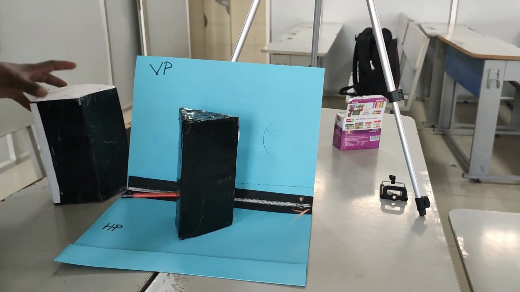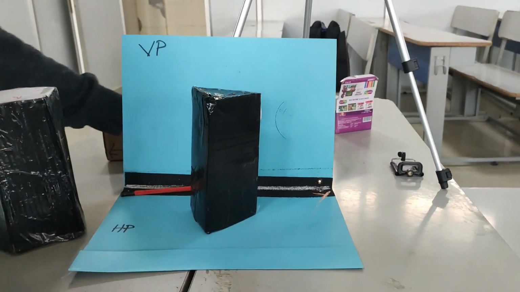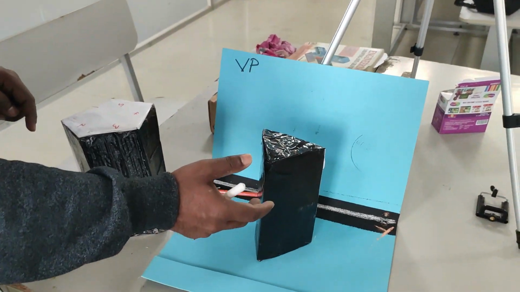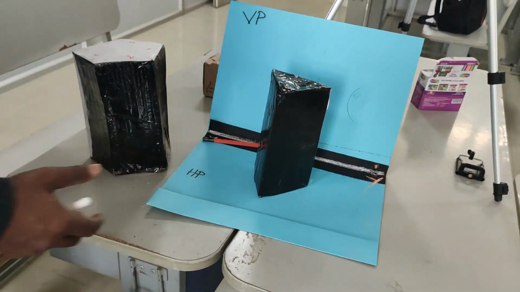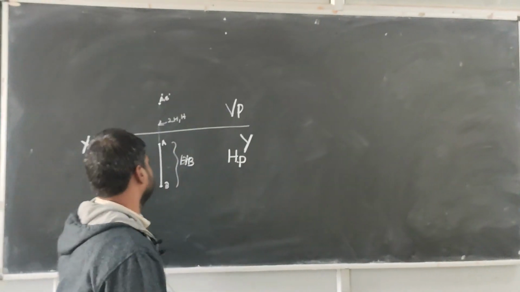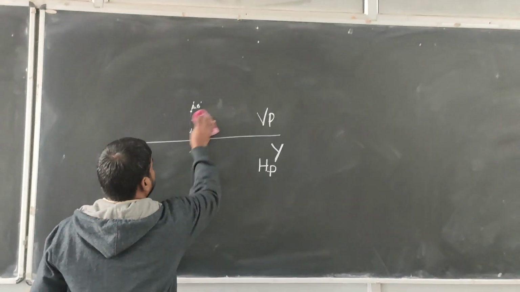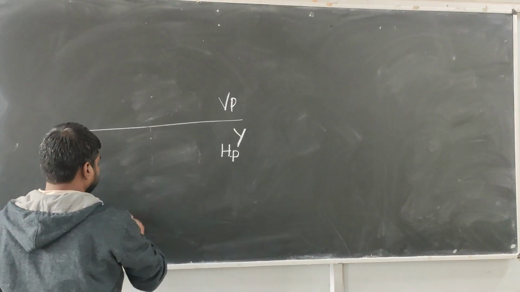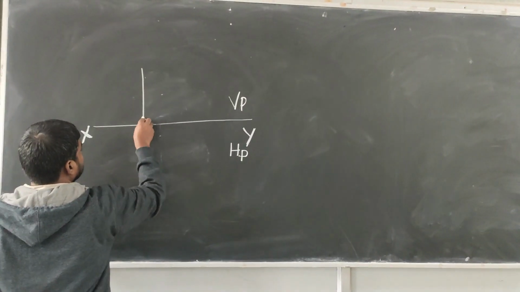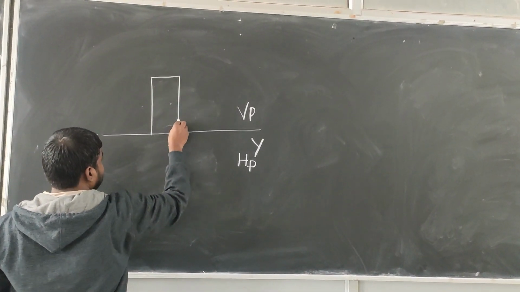Okay, let me go to the board and draw this view, the front side view. In the front view, I will get one rectangle. So front side view, it is falling on VP, so it will be a rectangle like this.